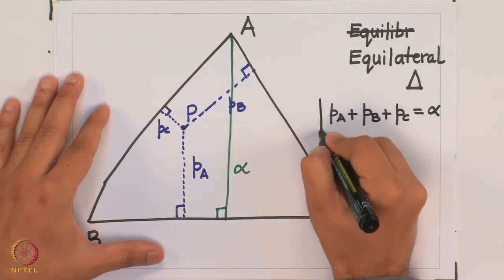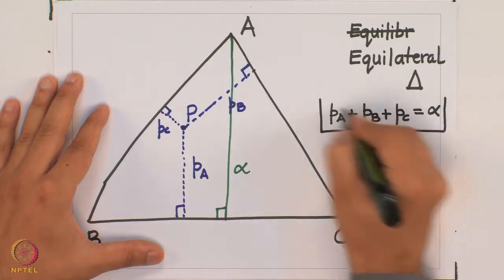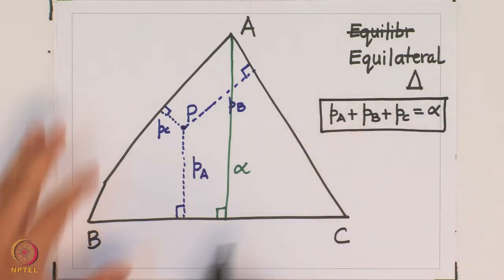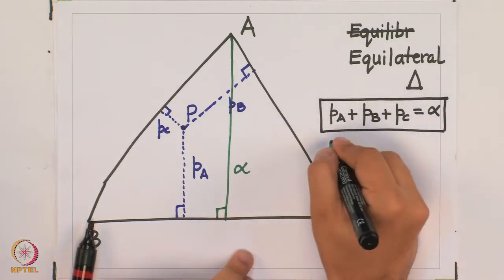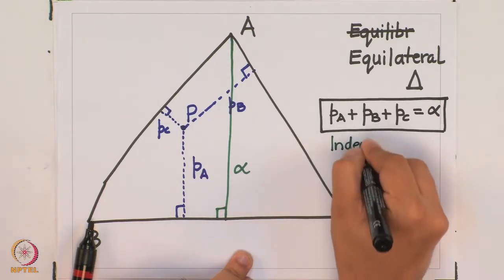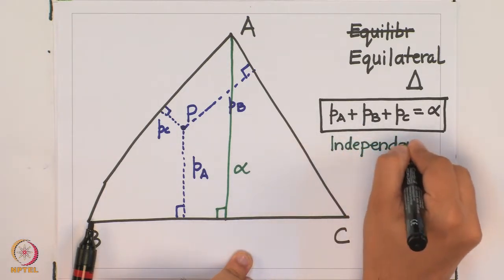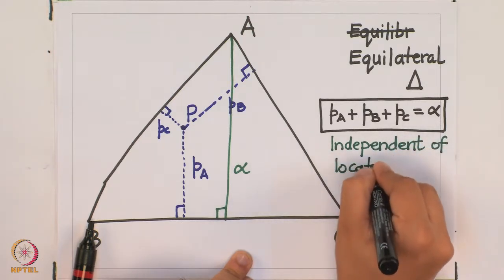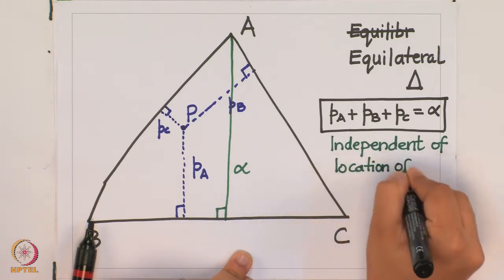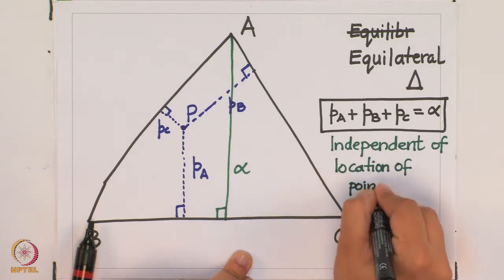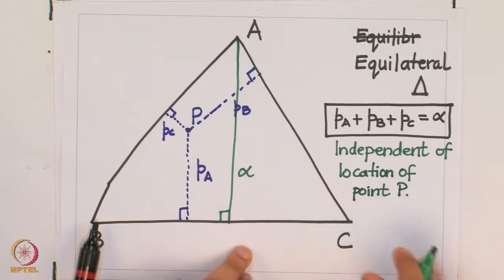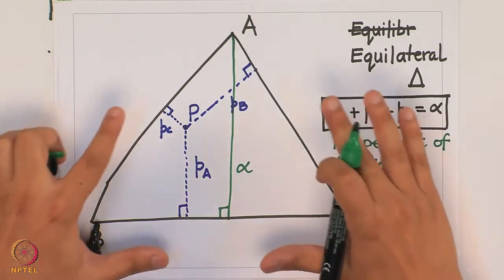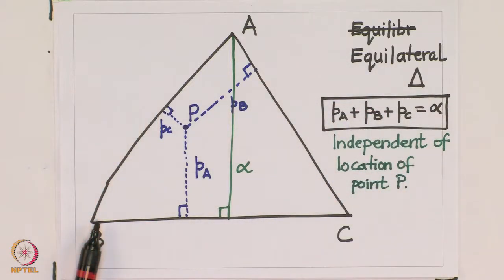This result holds independent of the location of point P. The only constraint being that point P has to be inside or on the edges of the triangle, it cannot be outside the triangle. Once we have this, how does this help us?